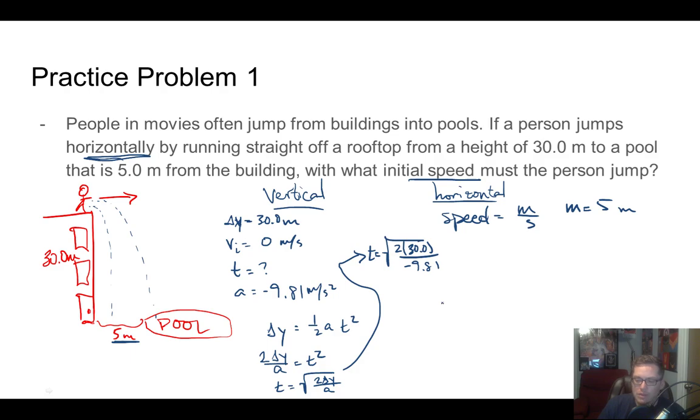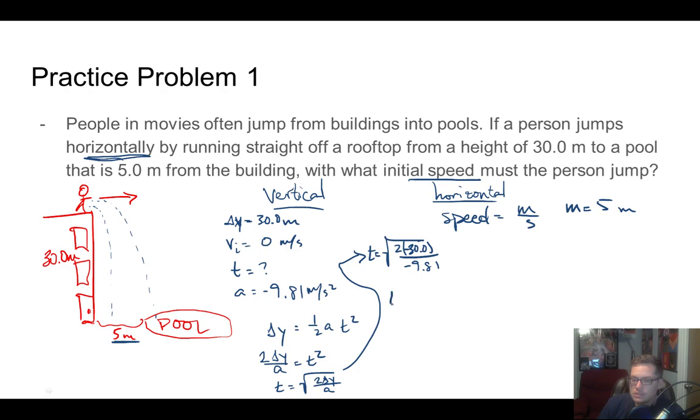Now, you might be thinking to yourself, wait a second, if we divide by a negative, we'll end up with a negative in a square root, and then we'll have imaginary numbers, and then we have an imaginary person jumping off an imaginary building, and blah, blah, blah. No. Remember, we're going down 30, so that means that value needs to be negative as well. So we get 2 times 30 divided by 9.81, and then we're going to take the square root of that value there. So that gives us a t value equal to 2.47.